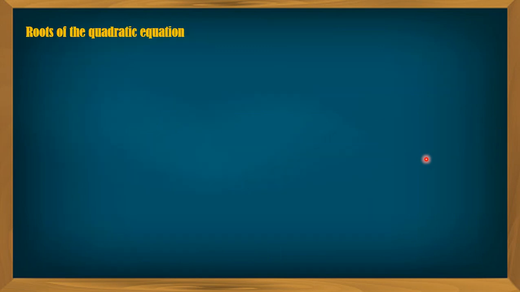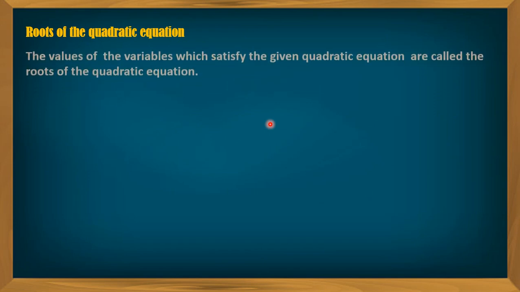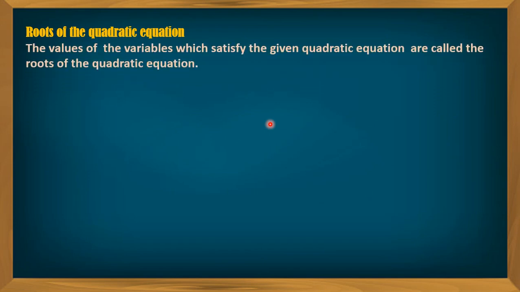Okay. In the same way, we have the roots of the quadratic equation. What is the solution of an equation? We have seen in previous classes that the value of the variable which satisfies the equation is the solution of the equation. In the same way, the solution of the quadratic equation is known as the root.